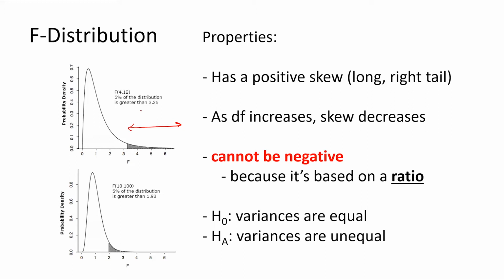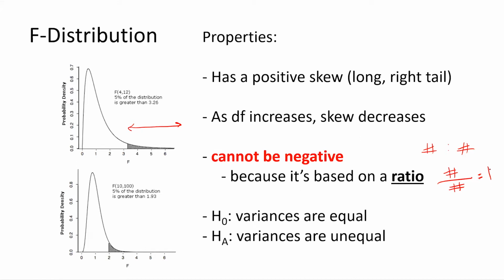And a ratio, right, is just one value versus another value, or one number on top of another number. So because of that, it can't be negative. It's always greater than 0. And if these two numbers are the same, then our ratio equals 1.